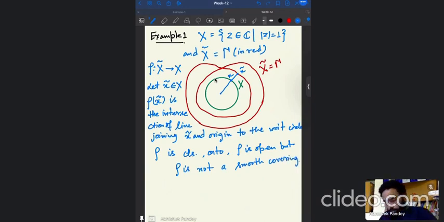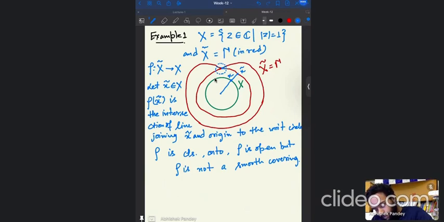Because what happens is if you take any point here, and you take a neighborhood of this point. Now in this neighborhood you have these arcs.